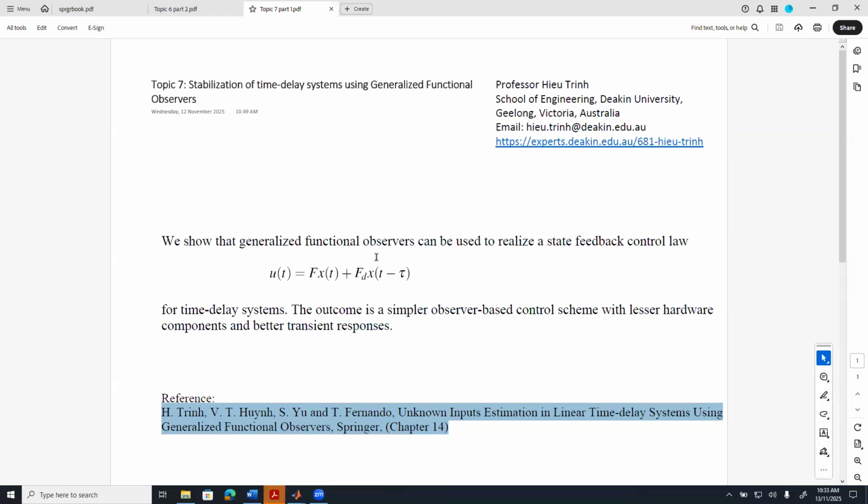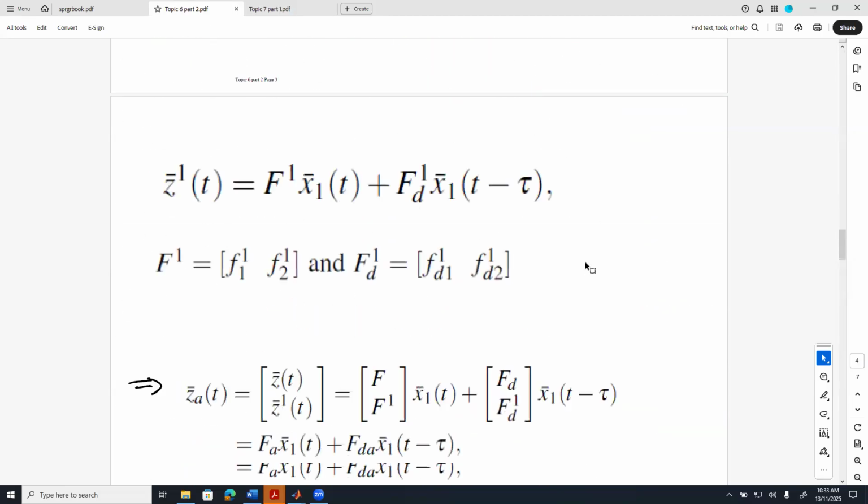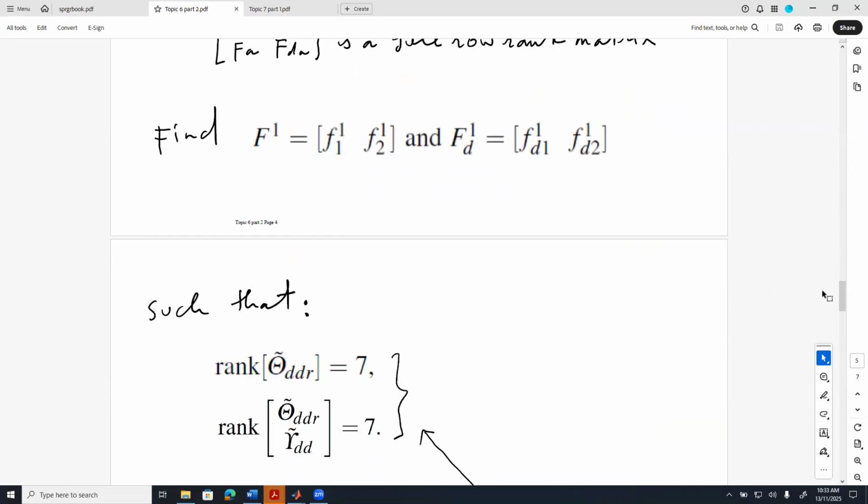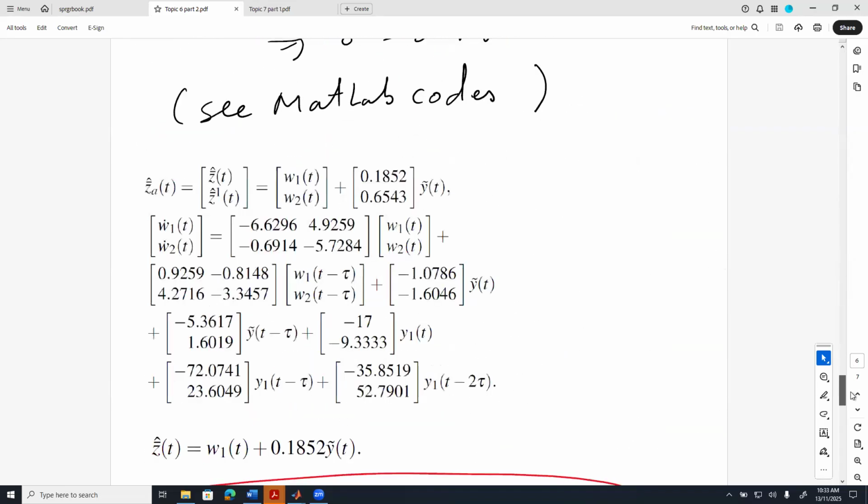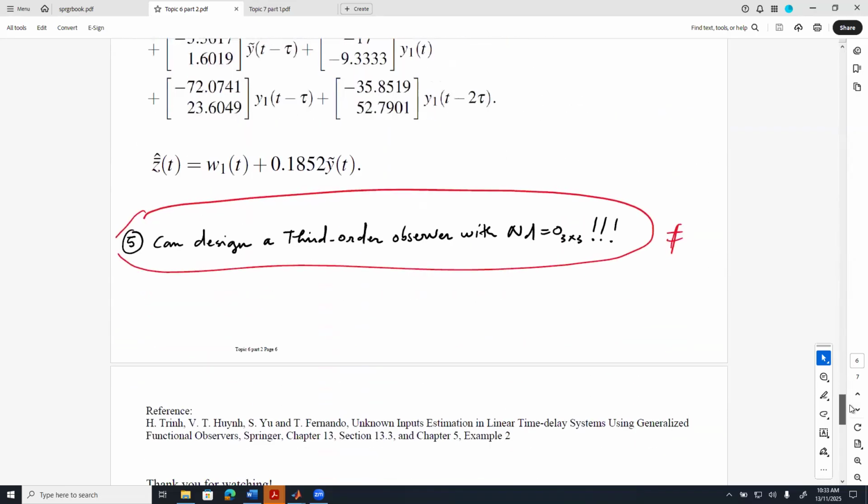Before I go on with this presentation, recall that in the last presentation we looked at the estimation of an unknown input for a time delay system, and we discussed a third order observer without internal delay.